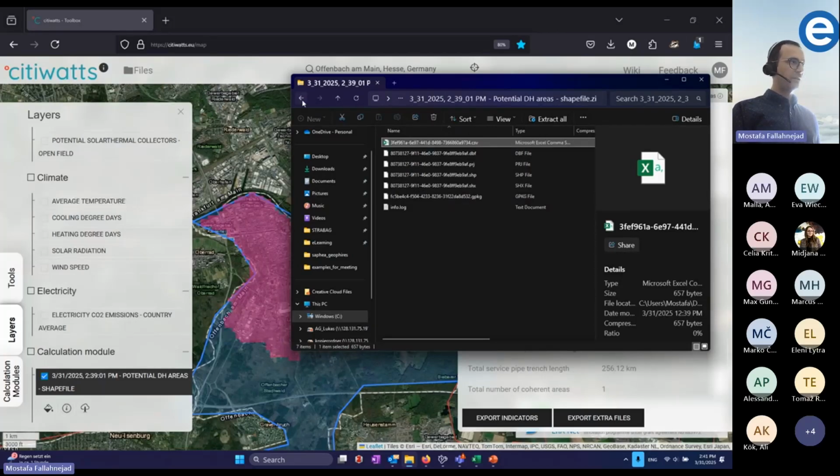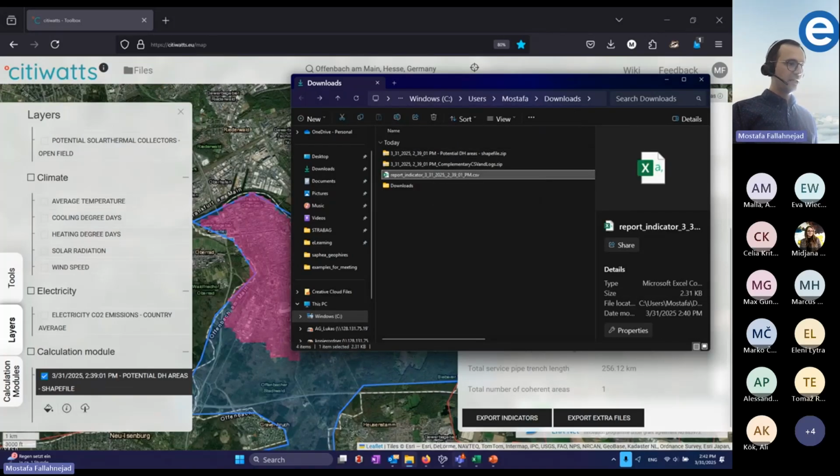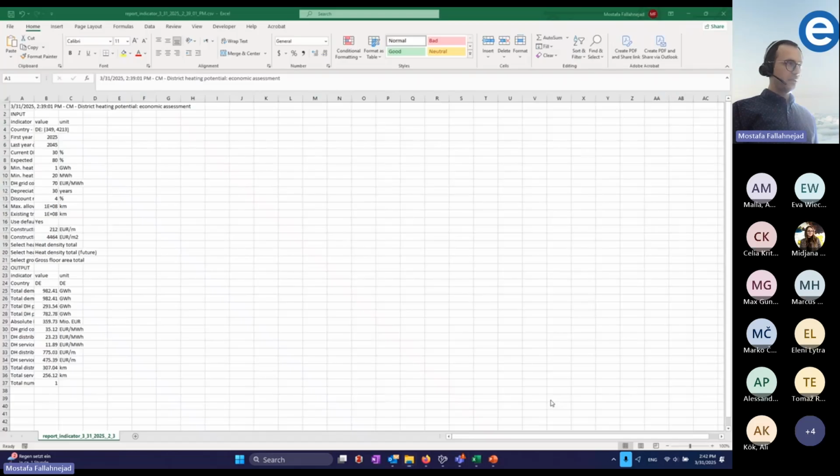But for our analysis, it's sufficient to have this indicator file, and you need to transfer these inputs and outputs to your scenario assessment calculation, the scenario assessment Excel file.